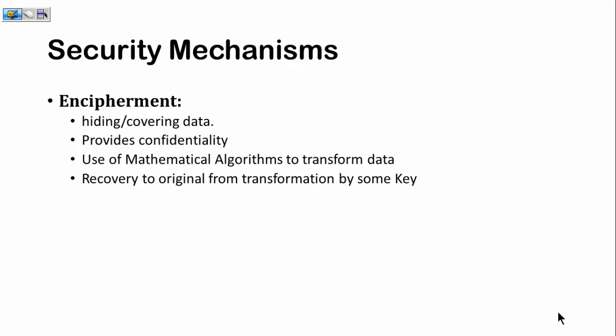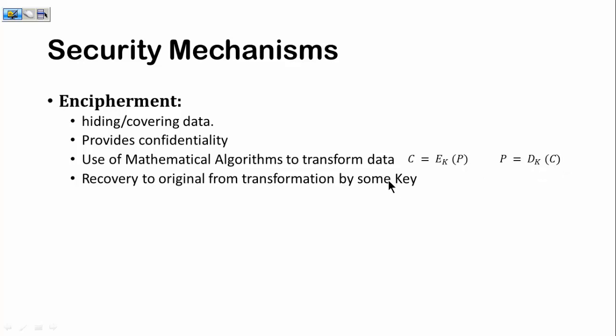Mathematical algorithms are used in order to encrypt or decrypt the messages, as we have seen in the formulas discussed a few slides ago, that you have got a plain text and that plain text can be acted upon as per the encryption algorithm with certain keys and can be converted to the ciphertext, which is not intelligible, right? And then you have to recover that plain text from the ciphertext, and for that you need the decryption algorithm and the same key.